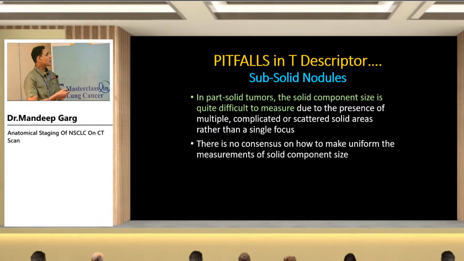Then the next pitfall comes in the measurement of subsolid nodules. In part-solid tumors, which can be either subsolid or pure ground glass, as Dr. Ashu had shown you in many examples in a previous lecture, the solid component many times is very difficult to measure, especially when there are multiple complicated or scattered solid areas rather than a single focus. And there exists no consensus as to how to make the measurements uniform.